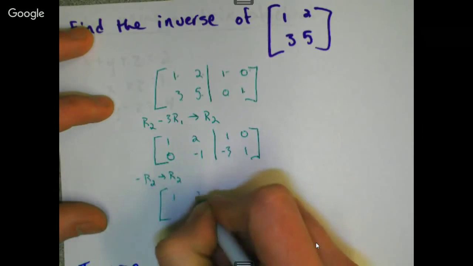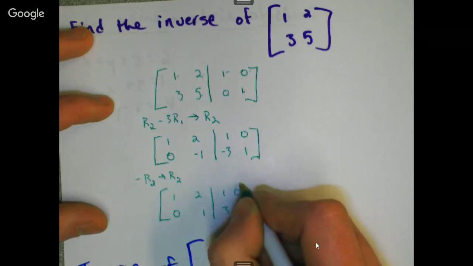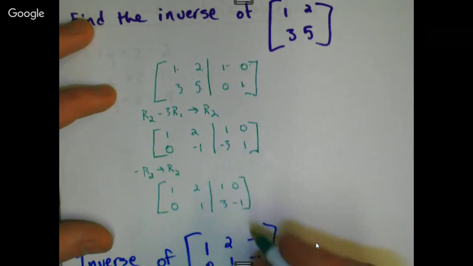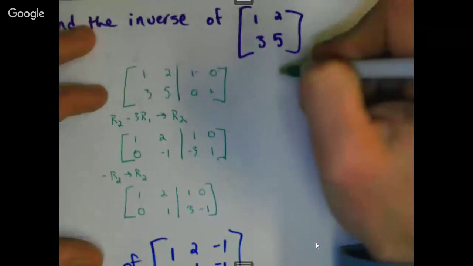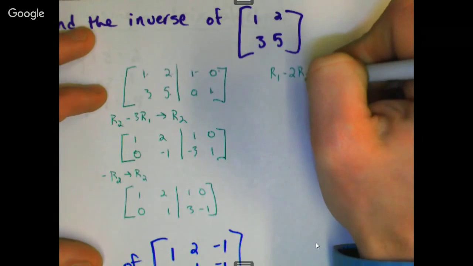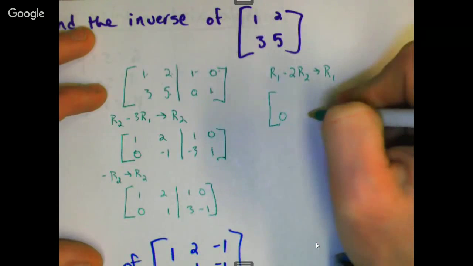So 1, 2, 1, 0, 0, 1, 3, -1. So now this needs to become a 0. So we need to take row 1 minus 2 row 2 back into row 1. So row 2 is not changing.